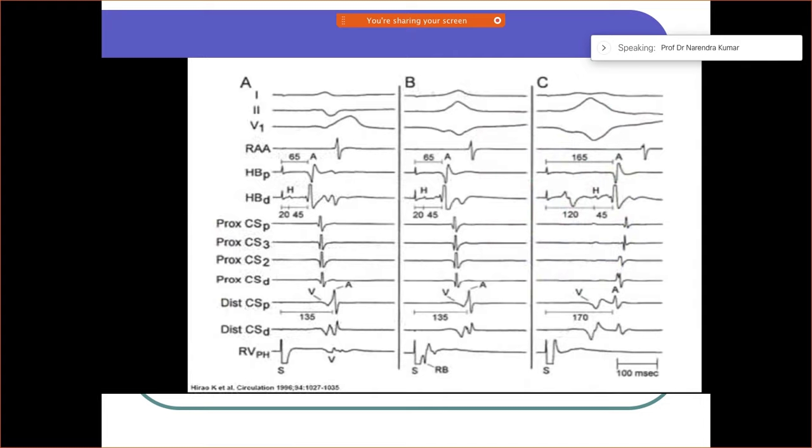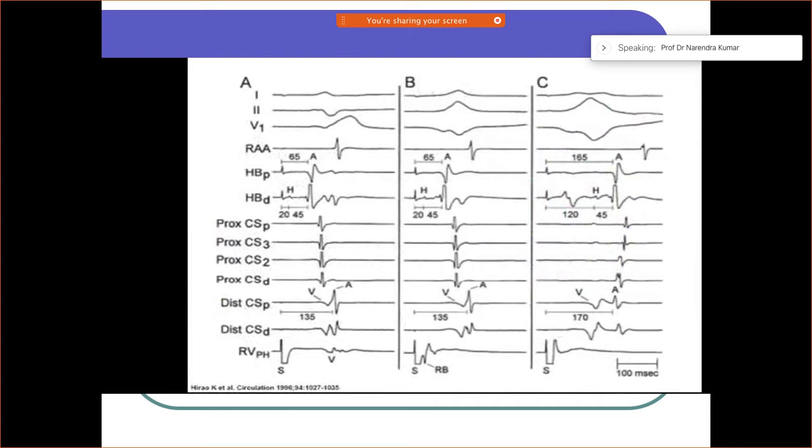You all need to spend some more time, but for the paucity of time, I'll try to be a little bit quick. The first one is the right bundle branch block. The second one, if you look carefully at the surface, this first one is more of a narrow and the second one is a wide. The intervals are already measured.